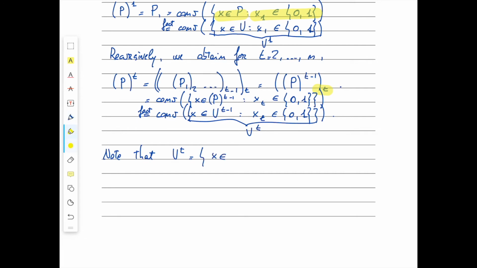Our definition of Vt tells me that it is the set of points in V^(t-1) with xt binary. But if we then look back at who V^(t-1) is, this is the set of points in V^(t-2) with also x(t-1) in {0, 1}, and so on until we get to V1. And so we obtain that Vt is the set of points in V with all the xi's in {0, 1} for i that goes from 1 to t. Let's write it down.